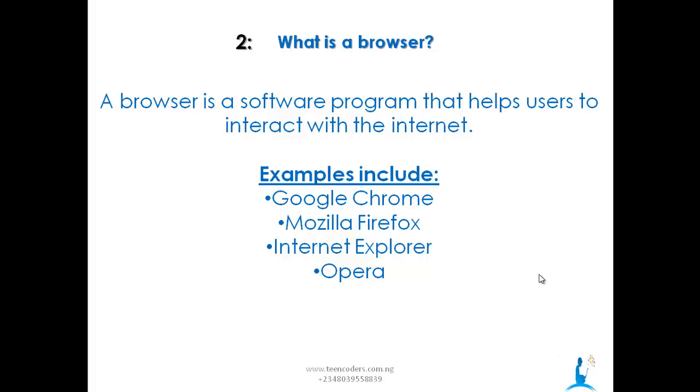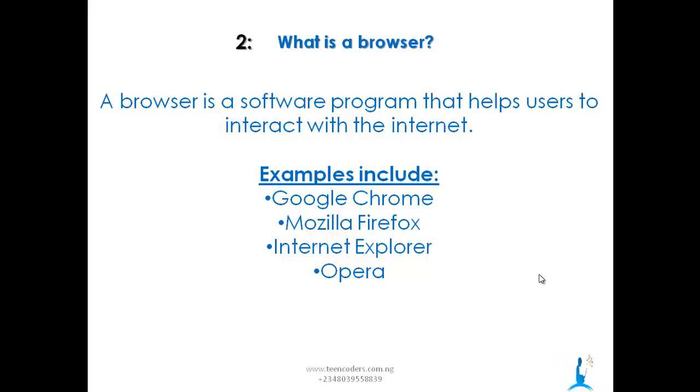The basic platform used to communicate over the internet is called a browser. A browser is a software program that helps users to interact with the internet. So if I want to view, or upload data or information from the internet, the interface between the user, that is me in this case, and the internet is a software program called the browser.